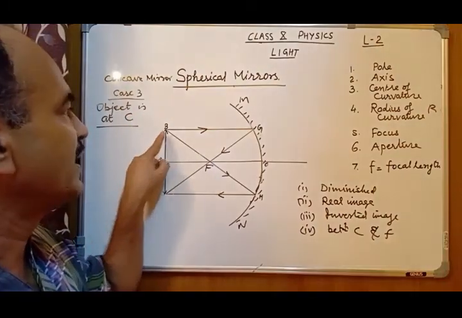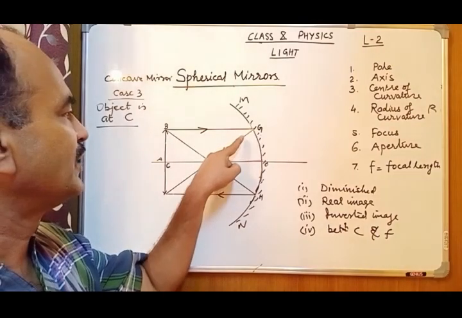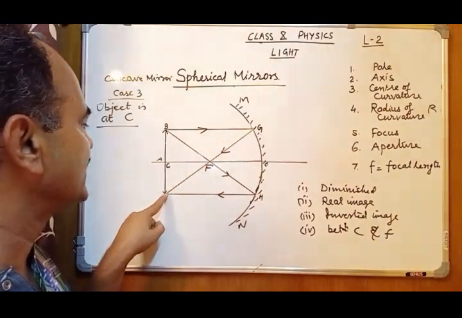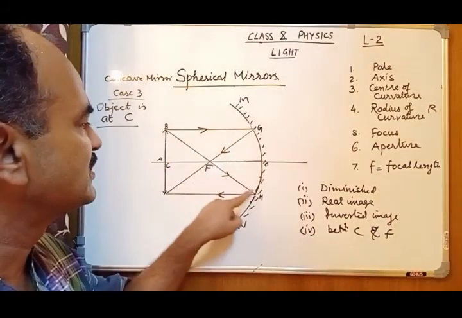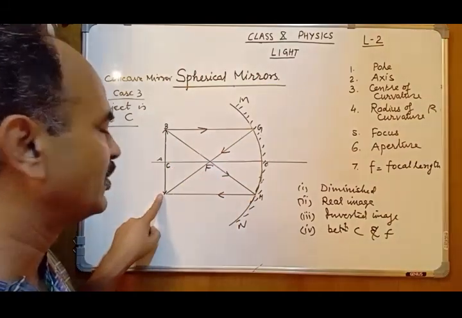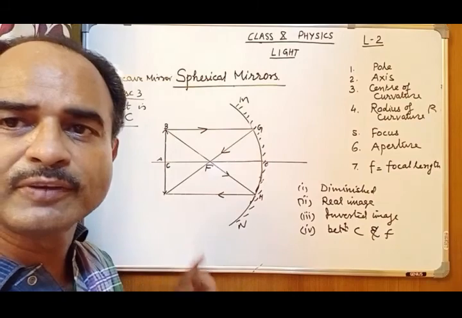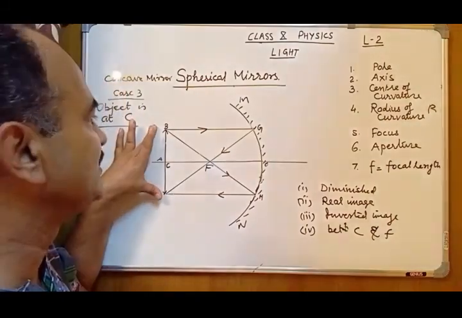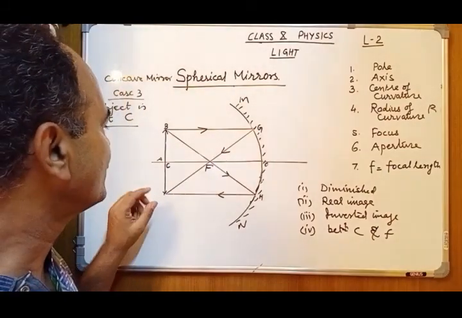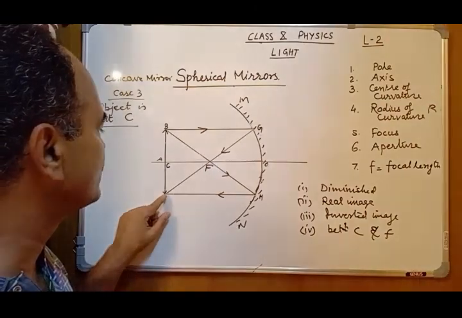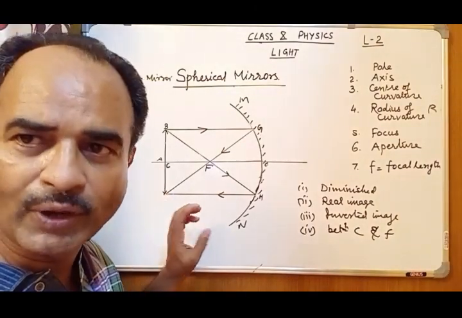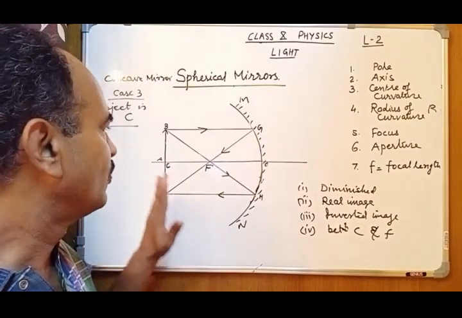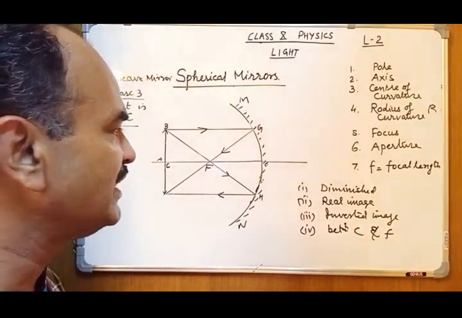You see one ray going parallel will pass through the focus and will come to this point. Similarly, the ray passing through the focus will come and meet at this point. The image will be formed from the geometry of these triangles. These points will meet at point C, and the image will be formed at point C itself.